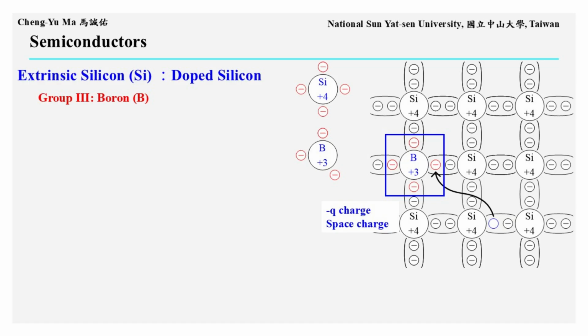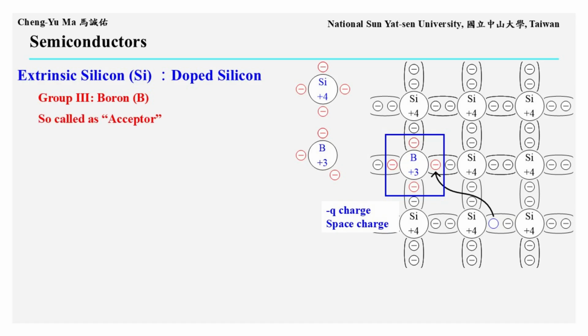This local charge occurs because the inner core of the group 3 atom has charge positive 3q, while the outer shell has 4 valence electrons after being filled by an electron. Therefore, a local negatively charged region is formed inside the semiconductor. This charge is called space charge, and it is immobile.